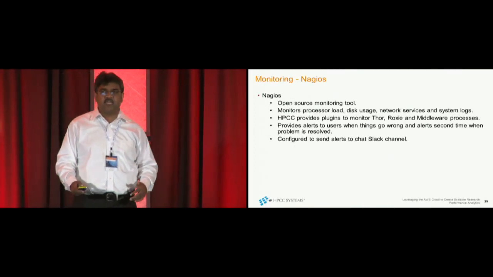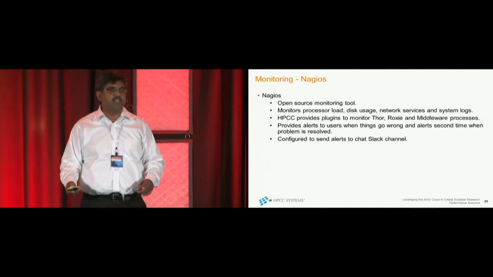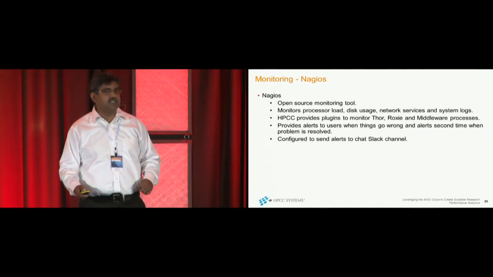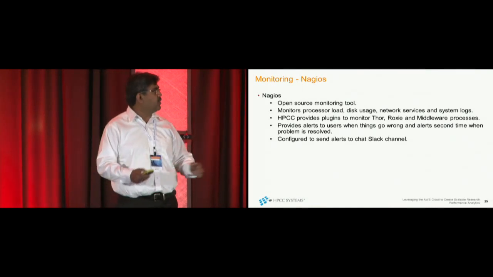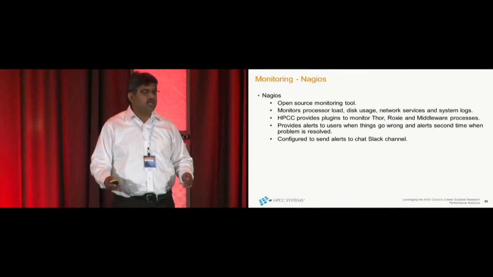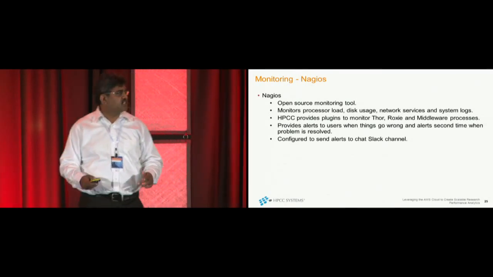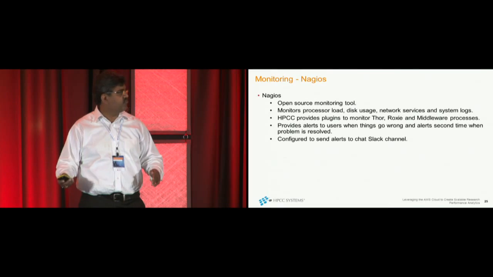Next, monitoring the HPCC clusters. We used a couple of tools for this. First, Nagios, an open source monitoring tool which helps monitor all the system resources like CPU load and disk usage. In addition, HPCC provides a plugin to monitor all the processes like Thor, Roxy, and all the middleware processes like DALI and DFU.